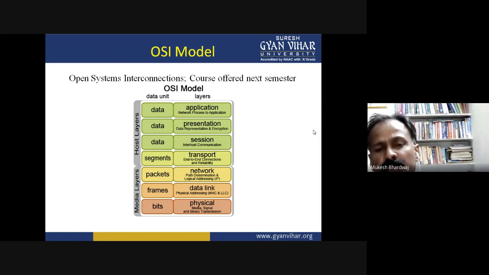So there are protocols for how you transmit your message from one end to another.